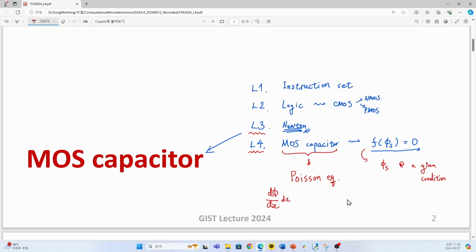As a result of this operation, we obtained a nonlinear equation for phi sub s, the surface potential, and we treat it as an unknown in a nonlinear equation, and by applying the Newton method, we obtained the numeric solution for this equation.